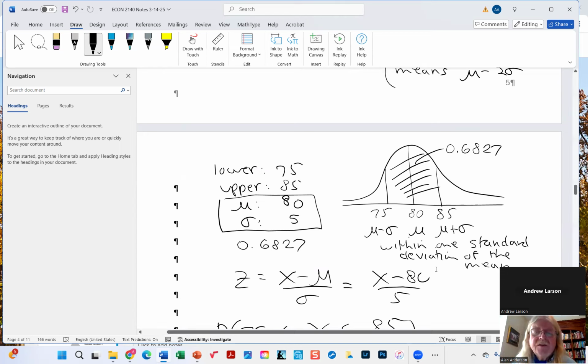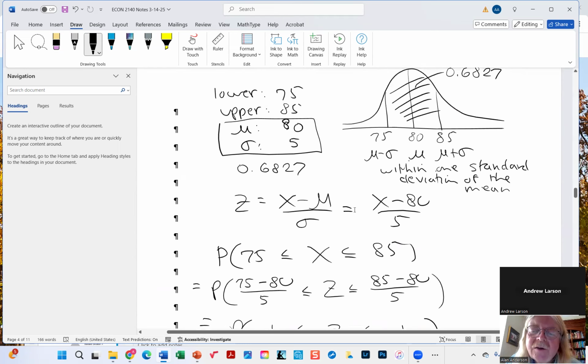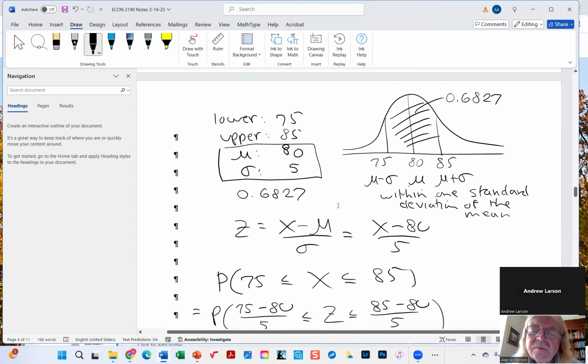Now, what if instead, let's say it's ancient times and there's no calculators, there's only tables. What I can do is convert this into the equivalent z-scores. We're going to use that same formula, x minus mu over sigma.